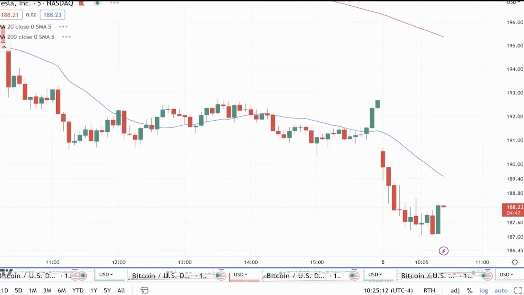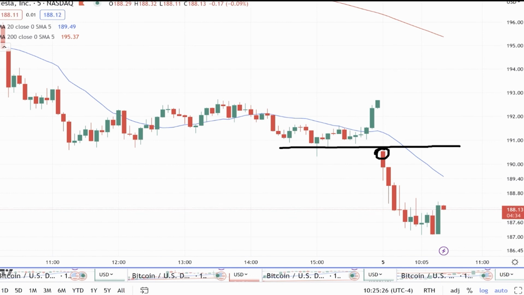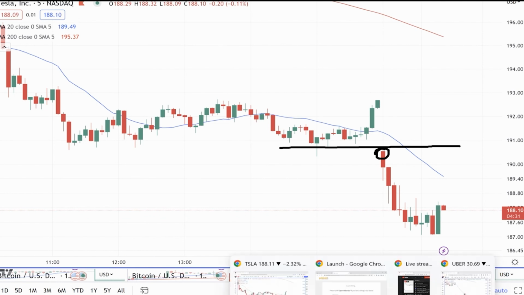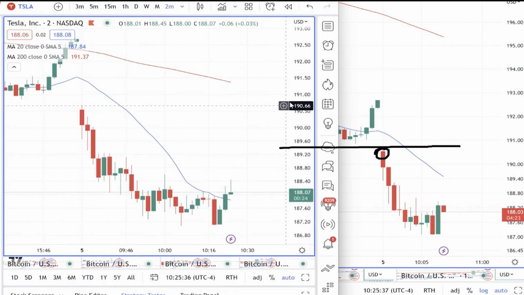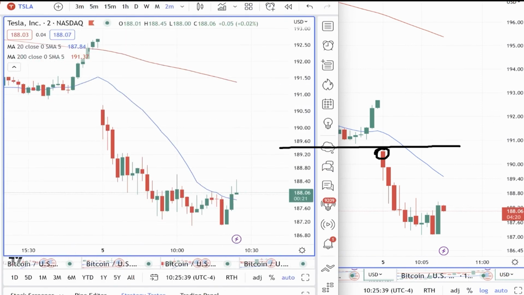What is the 5 saying? Oh, look at that dual location. So you've got the same location on the 5 as you do on the 2, right? This is beautiful.